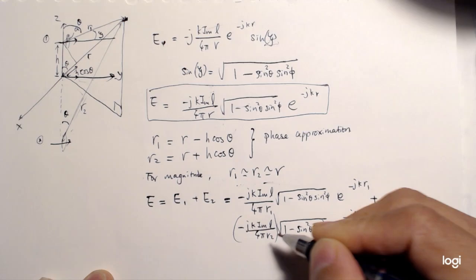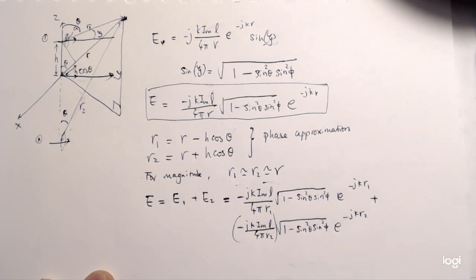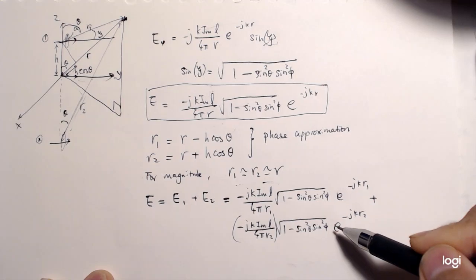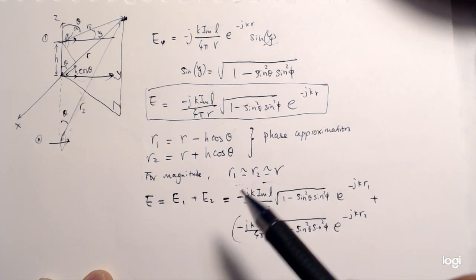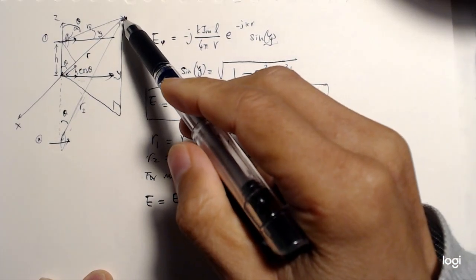So this is the combined electric field from the far end as detected by the far destination at the very far end.